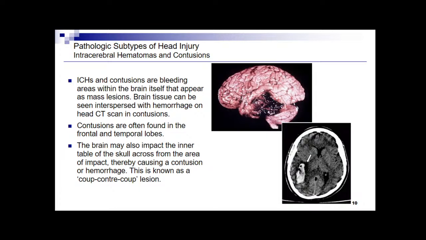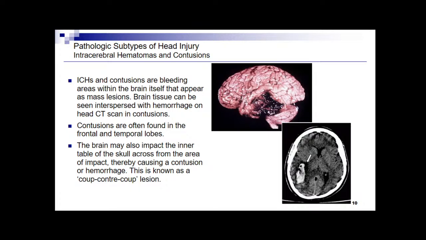Intracerebral hematomas and contusions are bleeding areas within the brain itself that appear as mass lesions. Brain tissue can be seen interspersed with hemorrhage on head CT scan in contusions. So the contusion is a local area saturated with blood, and this area is damaged.